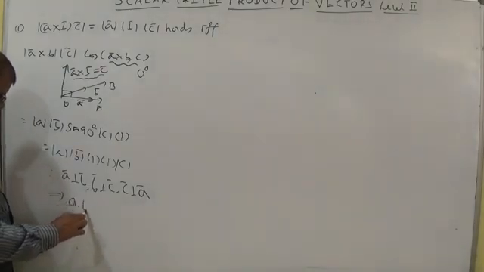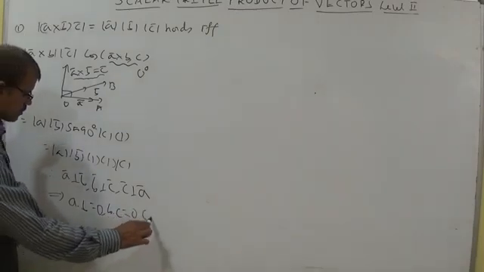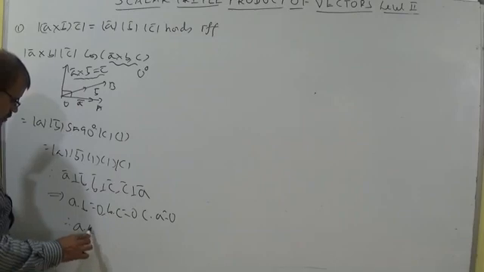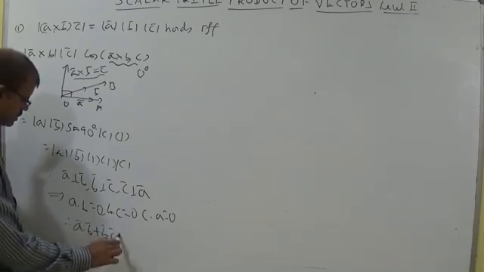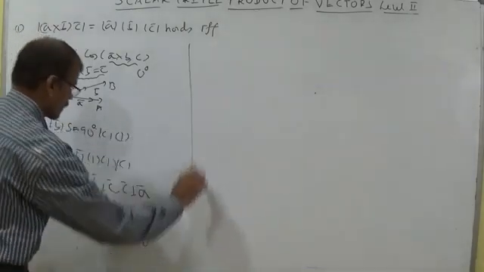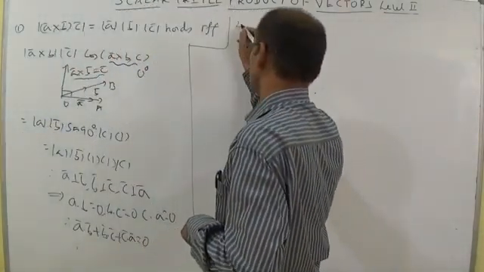Then A dot B equal to 0, B dot C equal to 0, C dot A equal to 0. Therefore, adding all these, A dot B plus B dot C plus C dot A is equal to 0. Let us discuss the second question.